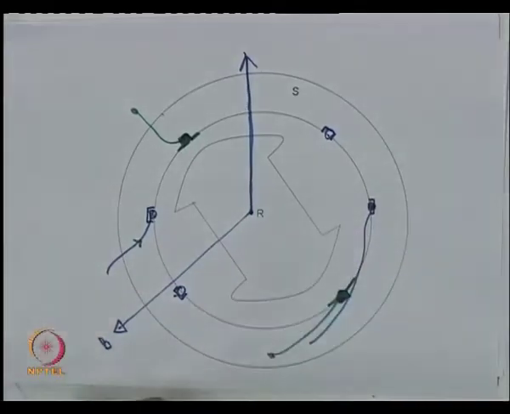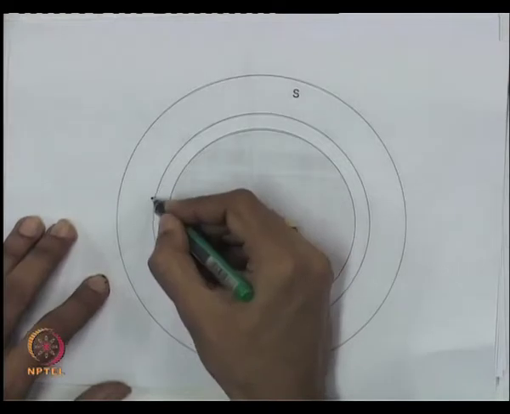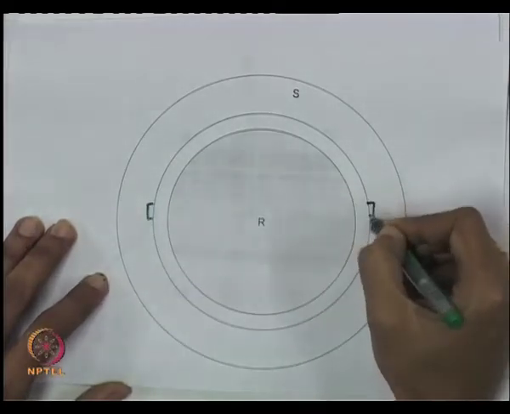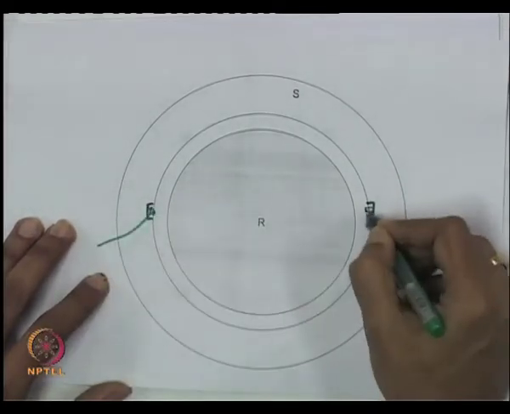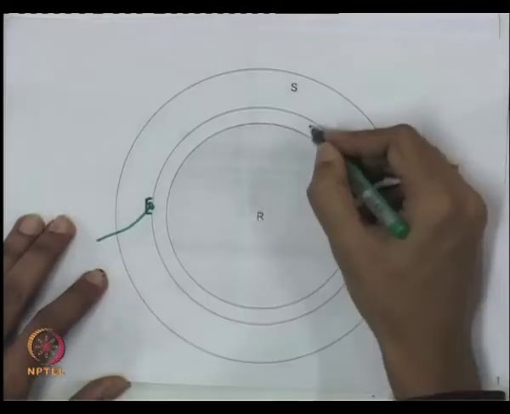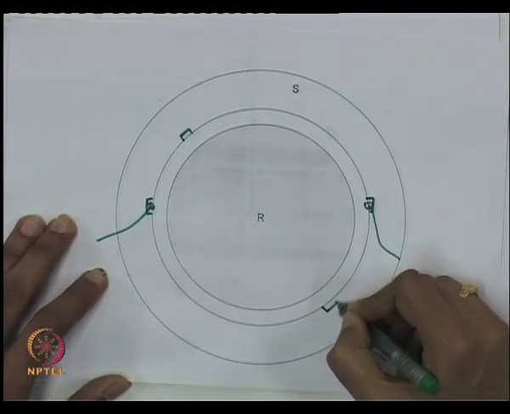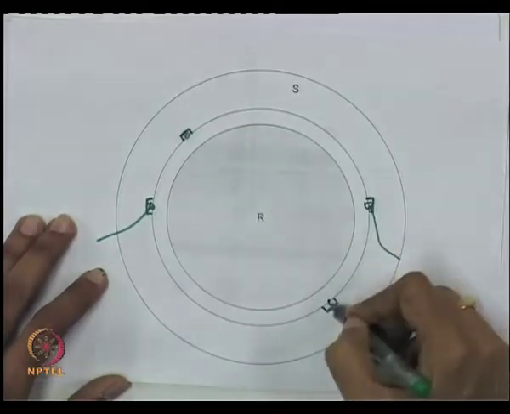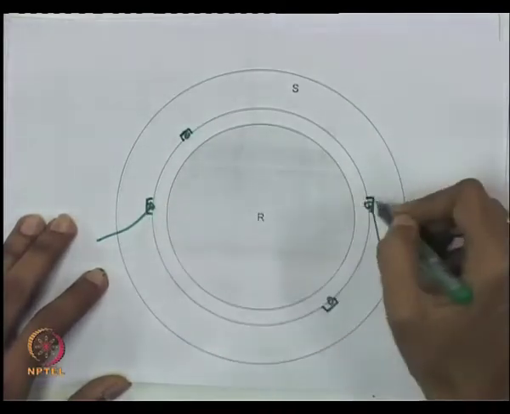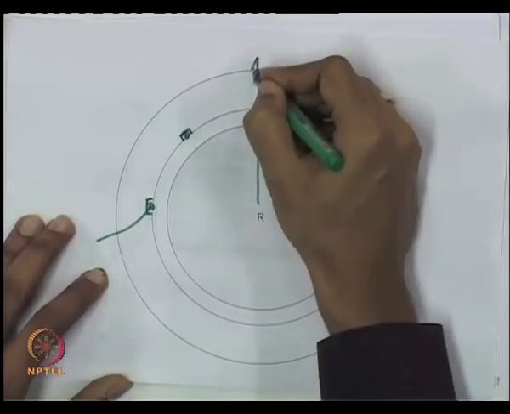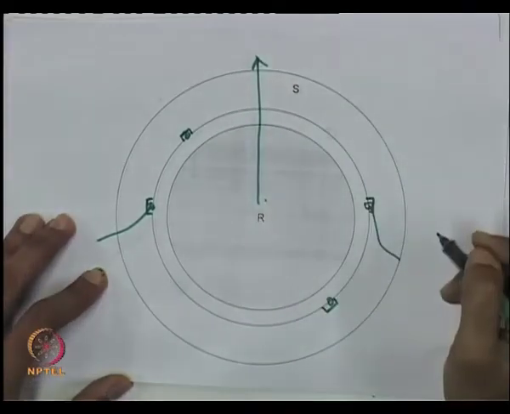So, if you take a cylindrical rotor machine, you have the A winding and you have the B winding. The A winding causes an MMF in this direction represented by this vector.